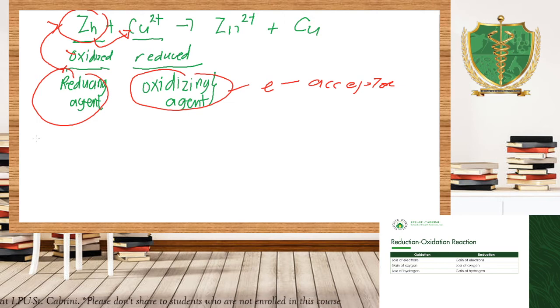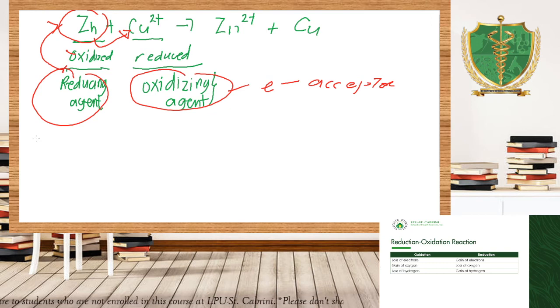When you lose electrons, you are being oxidized. And you are called the reducing agent because you lose electrons to an electron acceptor. When you gain electrons, you are reduced.